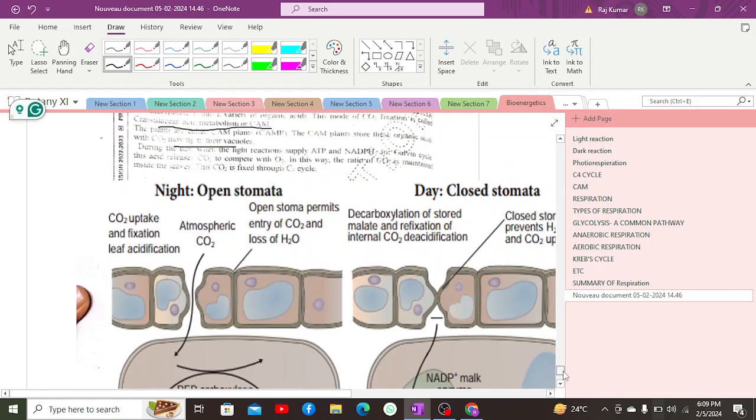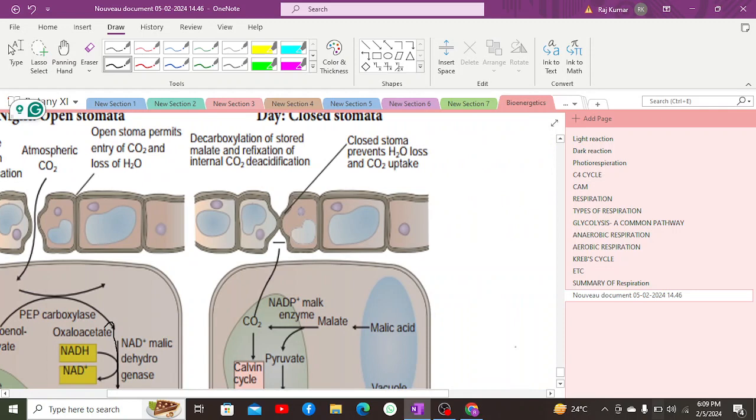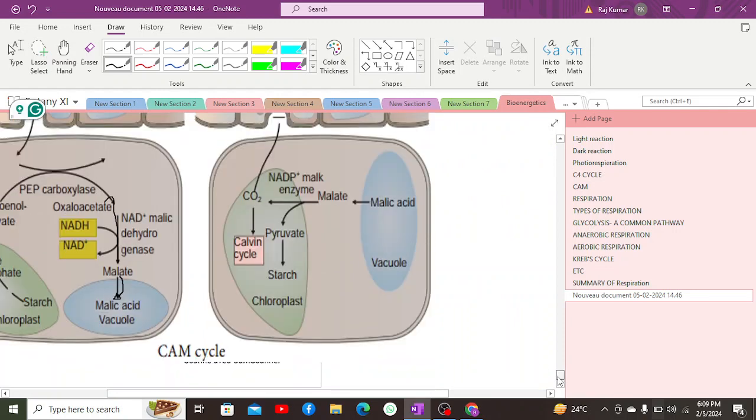And during the daytime, what actually happens is that the stomata are closed. As a result of closure of stomata, the malate which was formed comes out. Malate will now be decarboxylated with the enzyme NADP plus malic enzyme, which causes it to decarboxylate, and pyruvate will be formed on one hand, and carbon dioxide on the other side, which is released into the Calvin cycle.